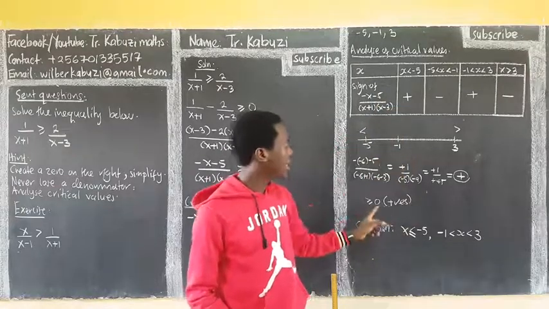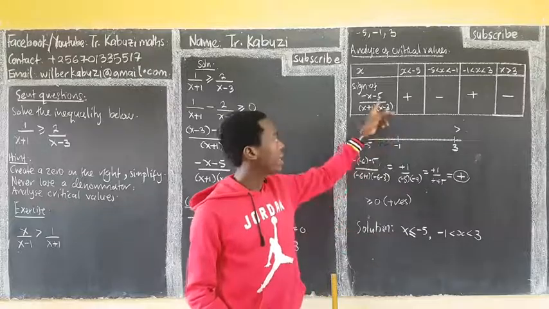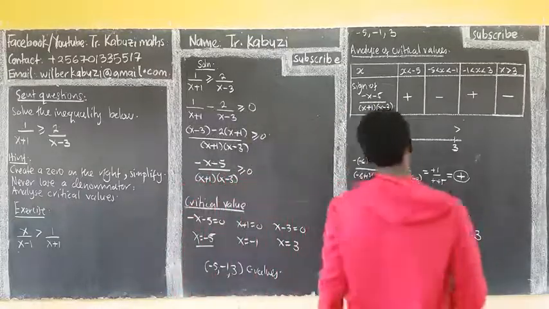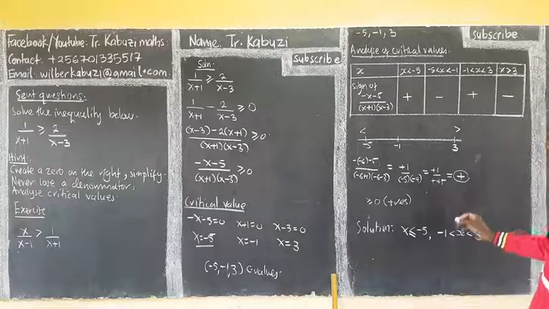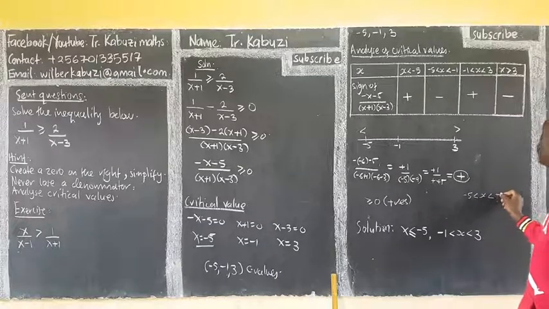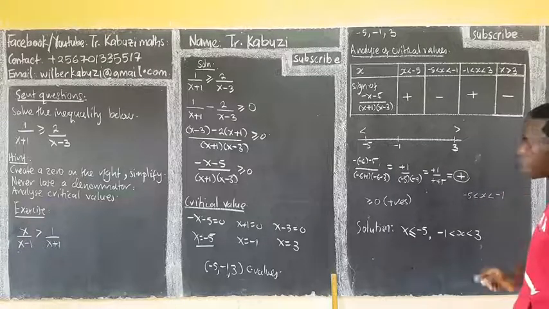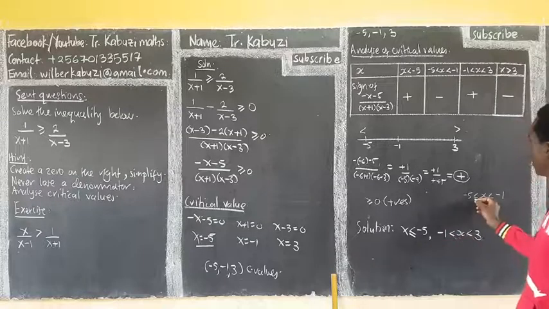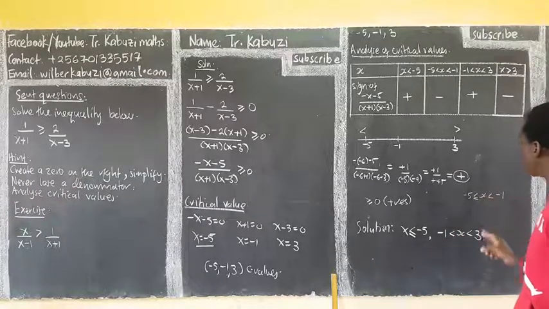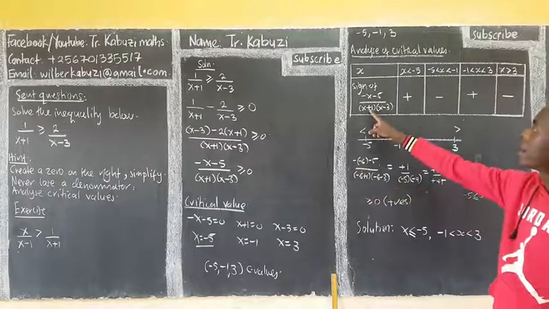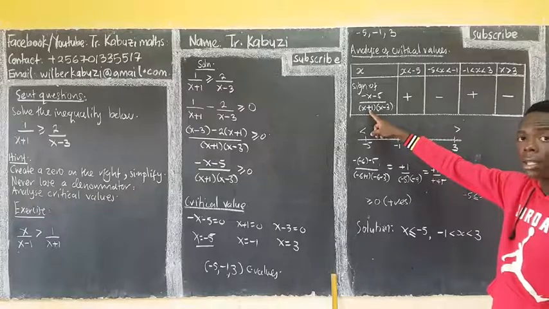So we put the equal sign if the critical value is from the numerator. If I had maybe negative 5 less than x less than, say, negative 1, and it was among the solutions, then here I would put it, and here I don't, because this one would have been coming from the denominator.